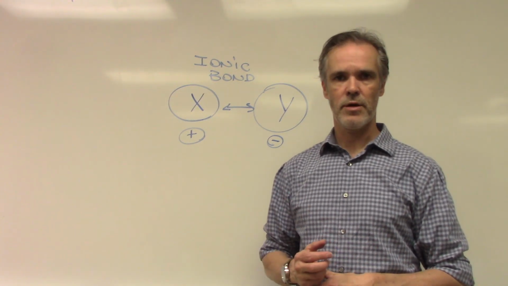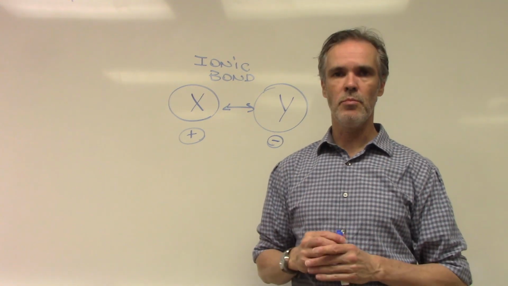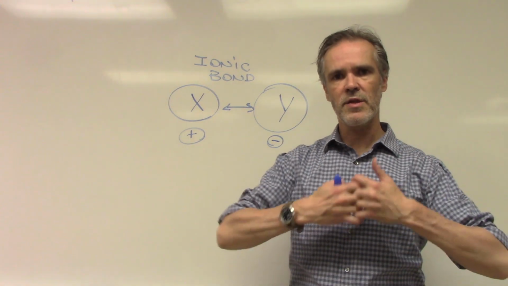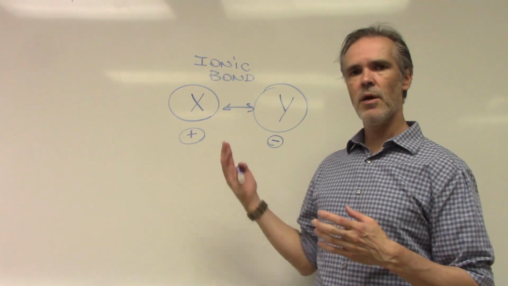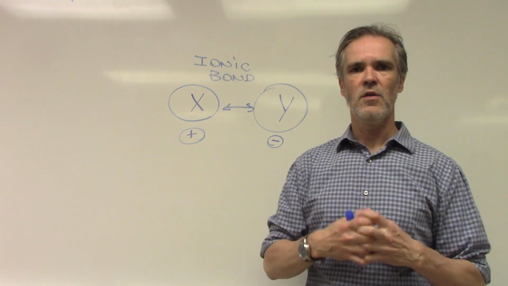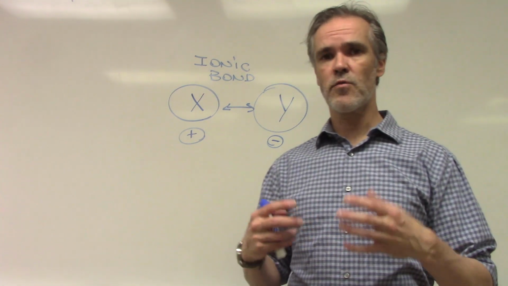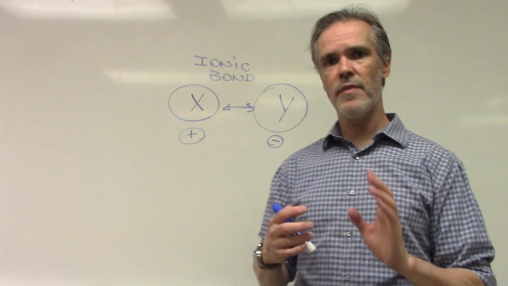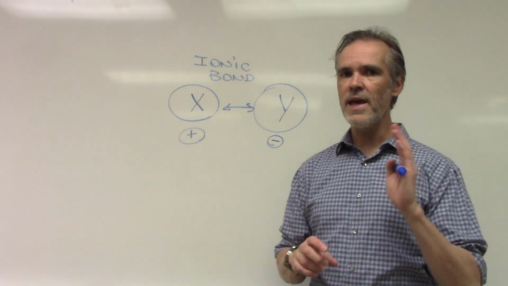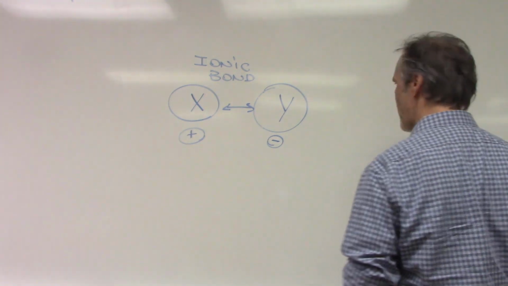It's found everywhere. But ionic bonding is not very strong. There's another kind of bond that's really, really strong, and that bond is called a covalent bond. I'm going to explain what that means.